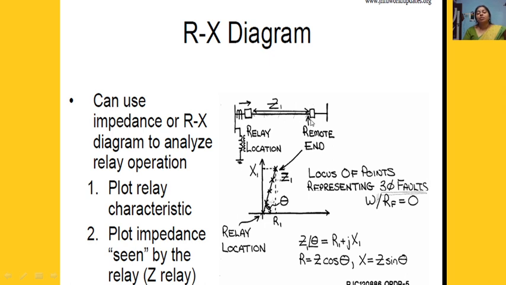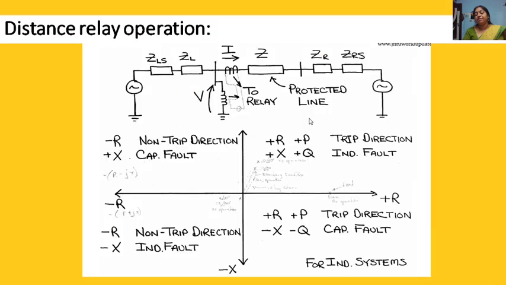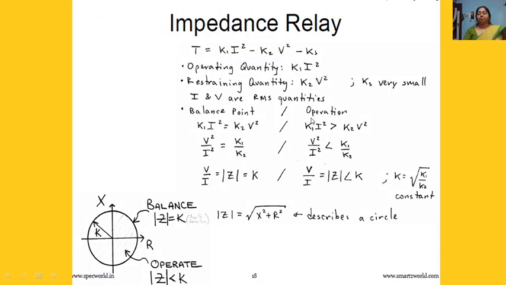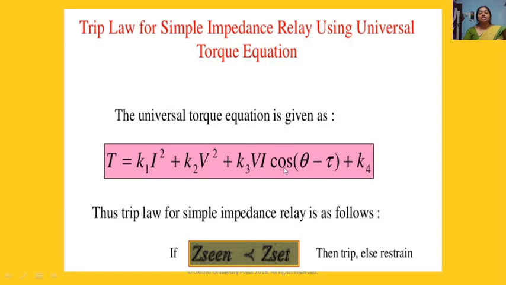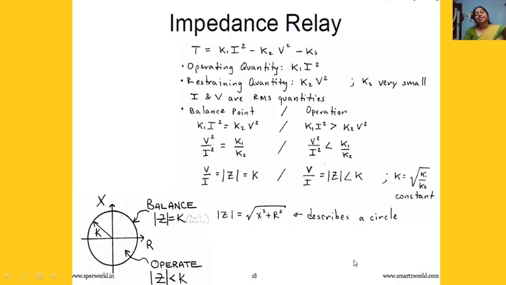This is our remote end and this is our set value. If the fault is in between, suppose Z1, Z2, Z3 faults, that means Z seen is less than Z set, the relay will operate. If Z seen is less than Z set, then it trips, else restrain.